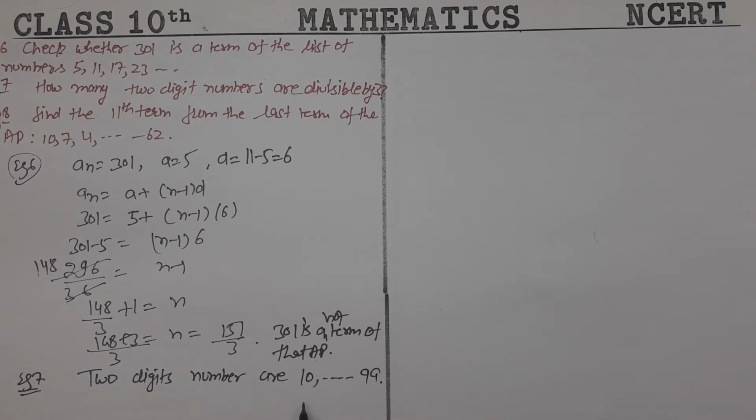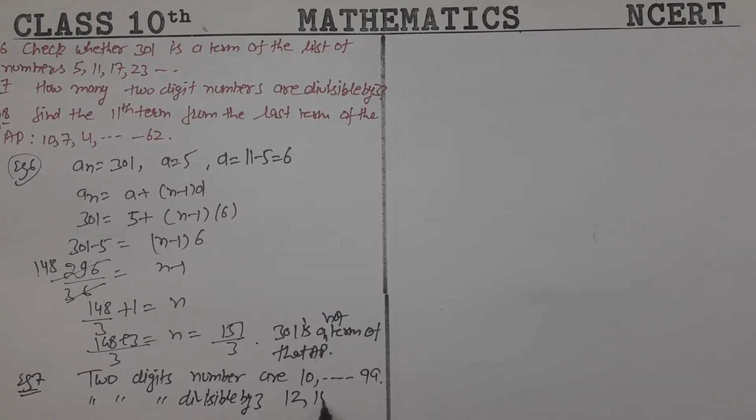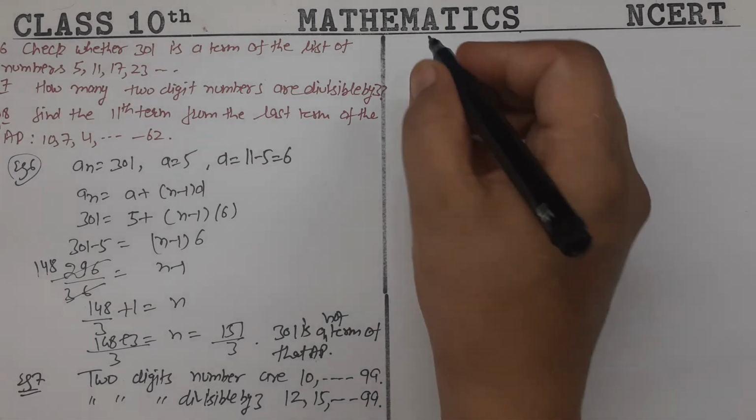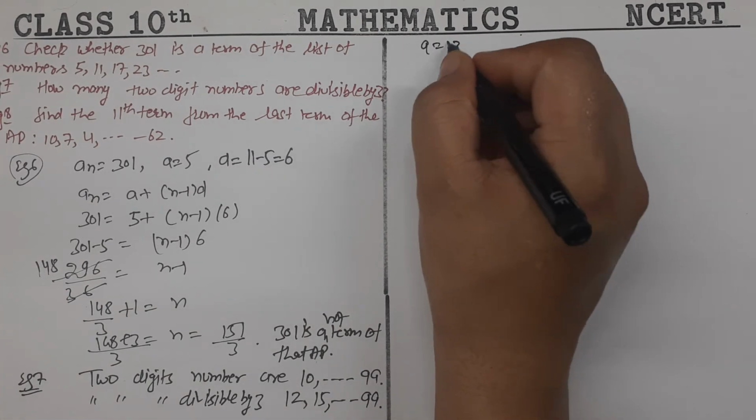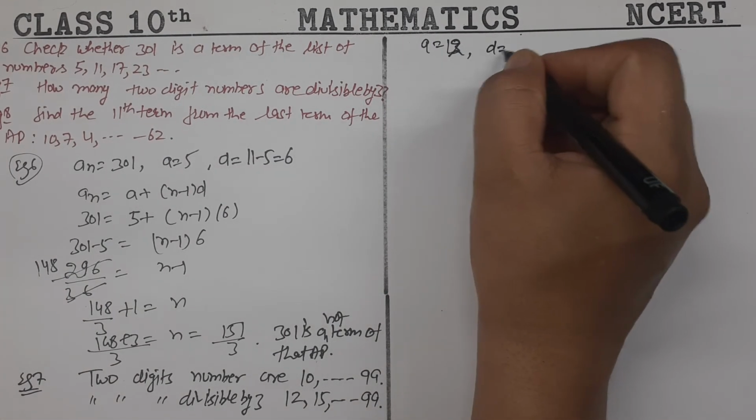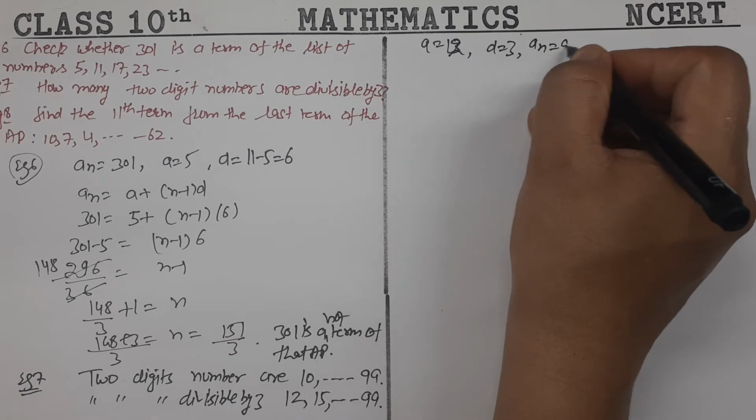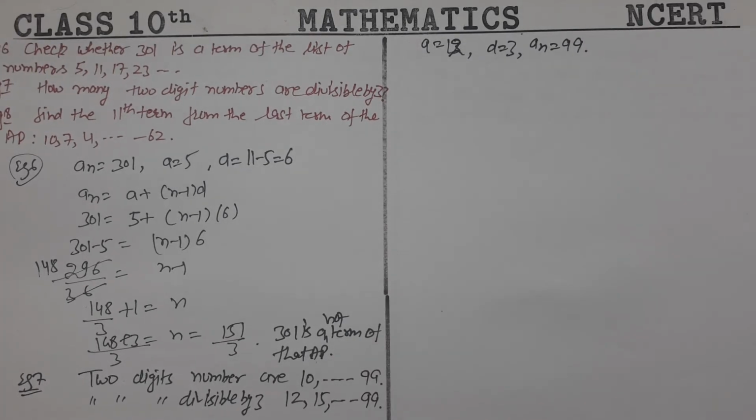But we know that 10 is not divisible by 3. So the two-digit numbers divisible by 3 are 12, 15 after 10. 12, 15, last is 99. So A is 12, D is 3, AN is 99.